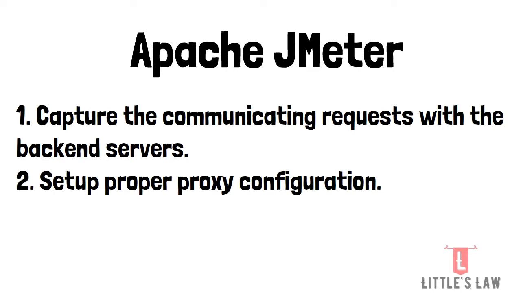Desktop applications which require network access support can use the proxy mode through their own settings or through the underlying operating system proxy configuration, which means we can use JMeter for load testing of almost any desktop application which communicates with the backend over HTTP.